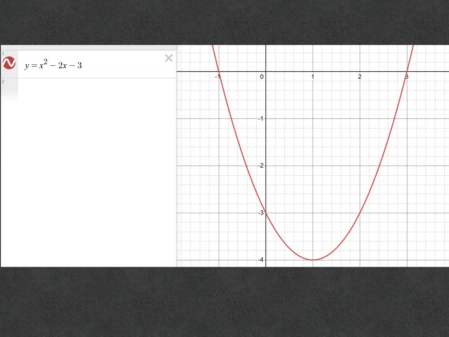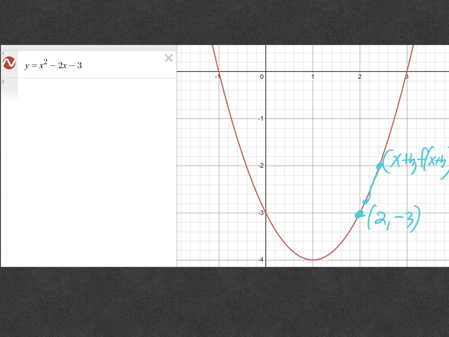Here, so my point was 2 comma negative 3. This point here, which was x plus h comma f of x plus h. And we kept sliding it down this line closer and closer.